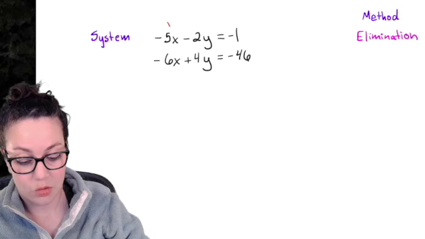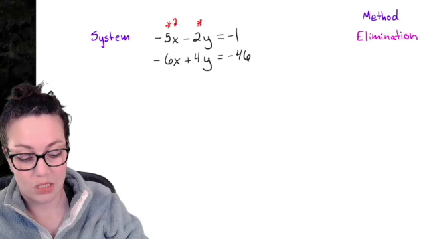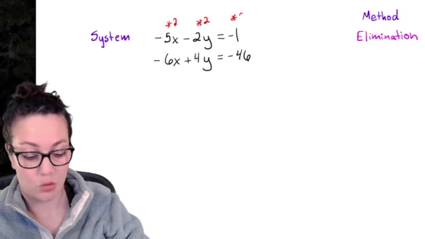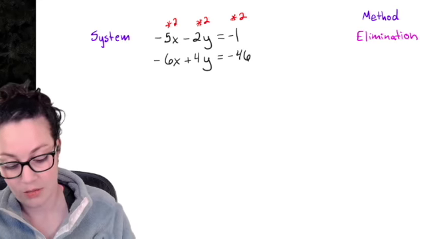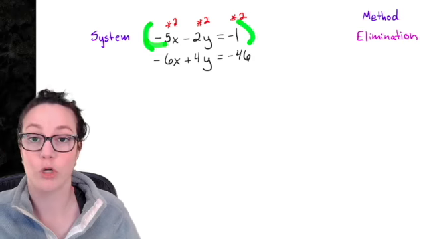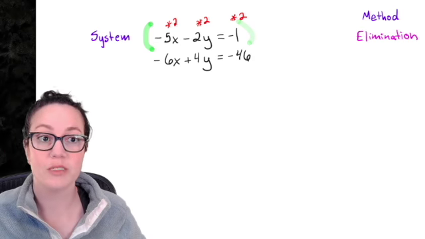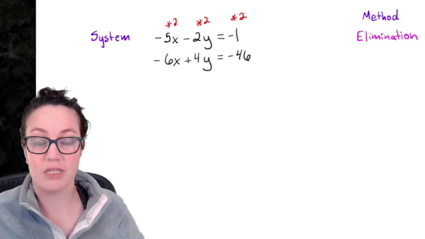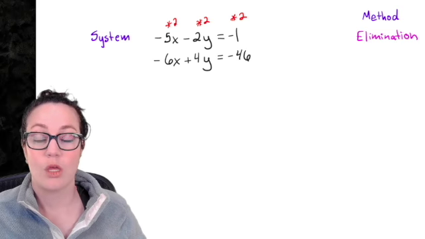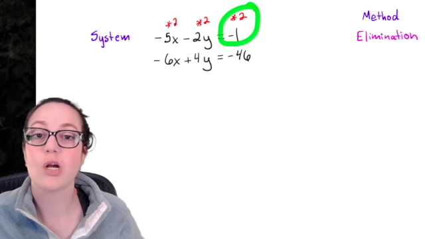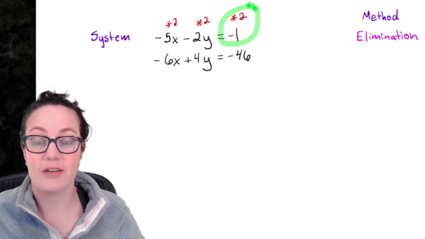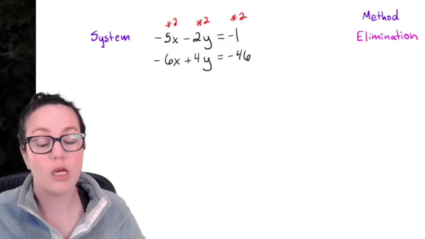So I'm going to write it out. Times 2, times 2, times 2. Now, you may see in other places, people put parentheses around the whole equation and just write times 2 once. That's fine. Same thing is happening. However, be very careful that you don't forget to multiply your constant by that value as well. That's a really common error.